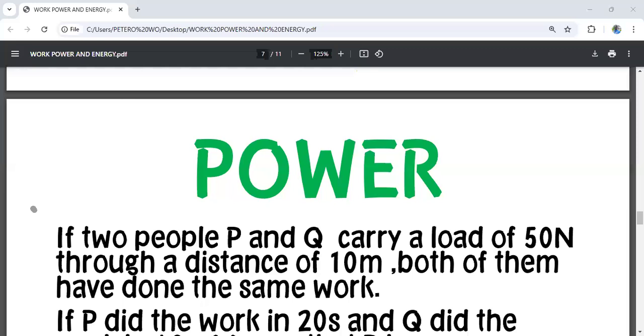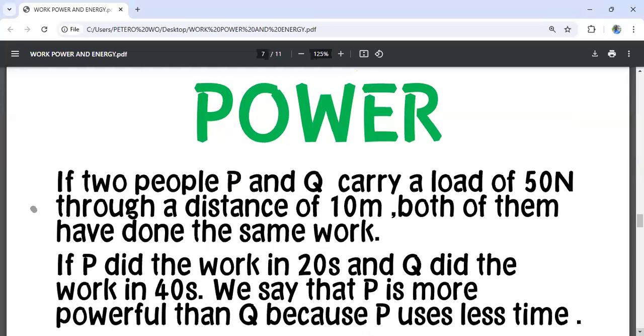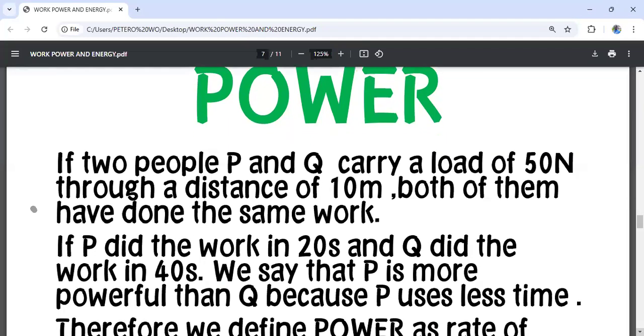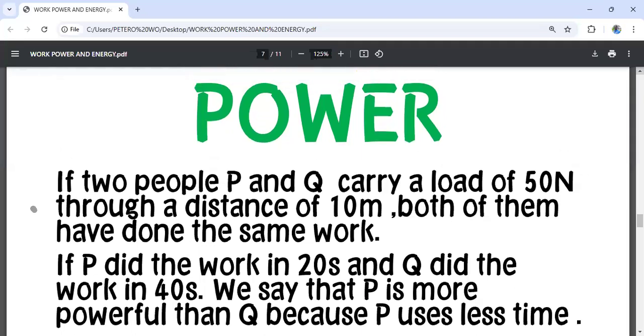So all of us have an idea on what power is. So here they are telling us that if we have two people, P and Q, so person P and then person Q, and these people carry a load of 50 newtons through a distance of 10 meters.